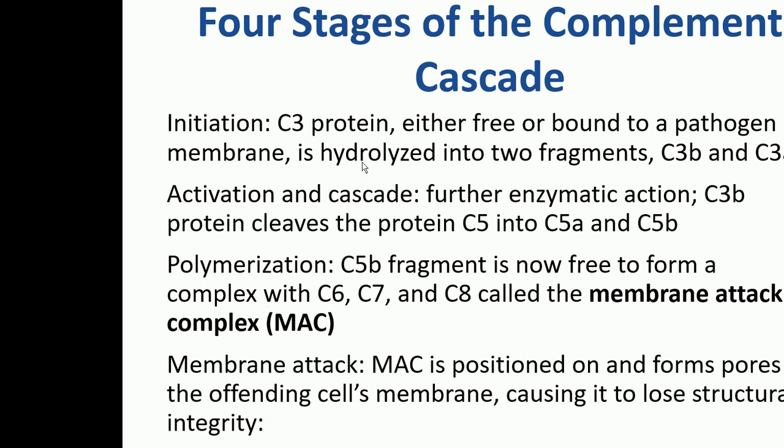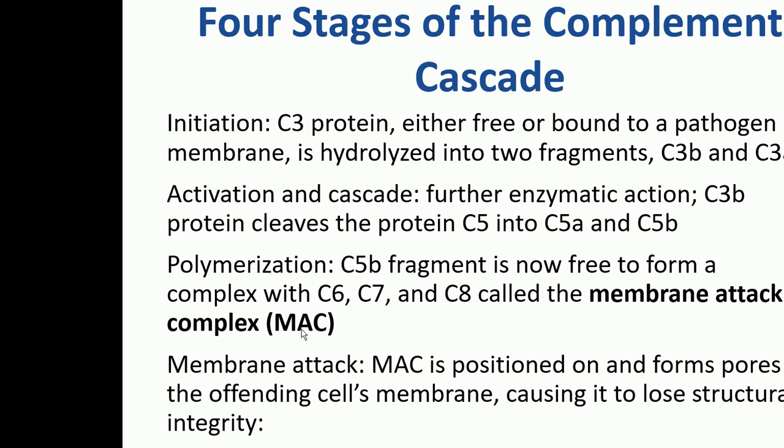Then it activates the other protein called C5, and C5 cleaves into C5a and C5b. Then C5b is free, and it forms a complex with C6, C7 and C8, and it forms a membrane attack complex. This membrane attack complex is positioned on and forms pores in the cell's membranes, and the cell loses structural integrity.